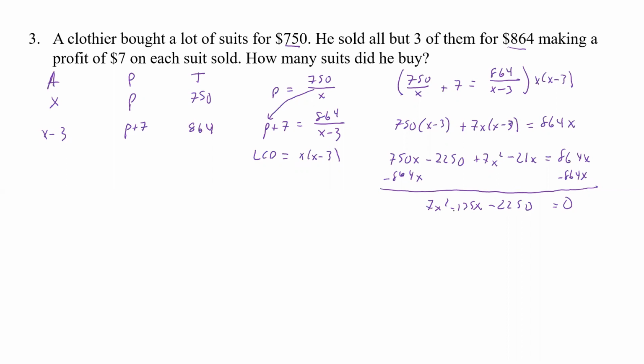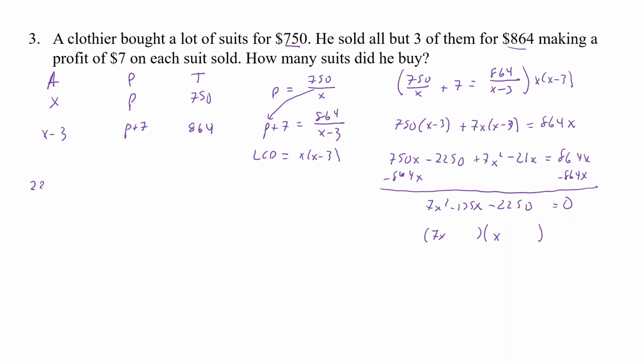Okay. Now, here what we have to do is figure out what factors are going to work, because I don't think 2250 is divisible by 7. Nope. And so we have to have a 7x. We have an x. Now we have to figure out those factors of 2250.